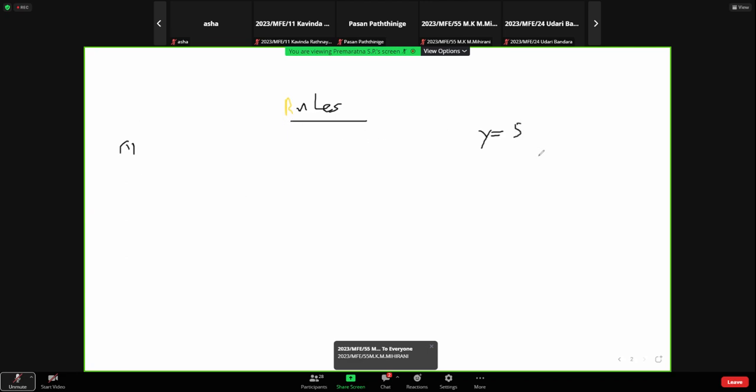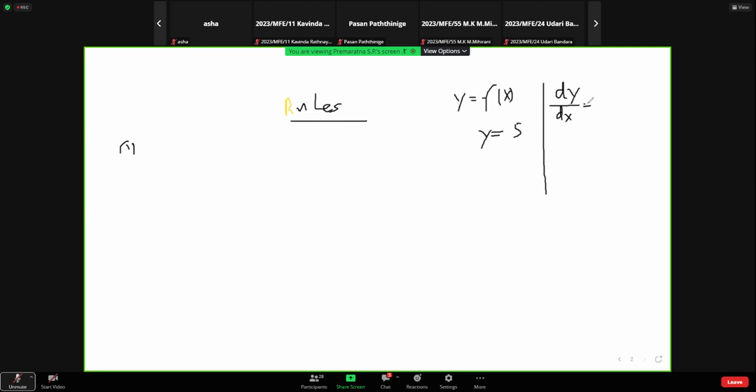Before that, the symbol I'm going to use for differentiation is quite similar to the slope. If I differentiate this equation, where y is a function of x, with only two variables we use dy over dx.